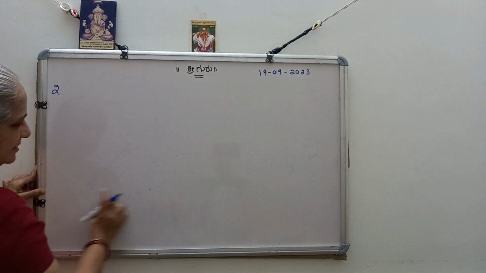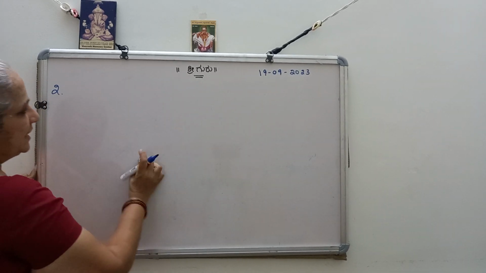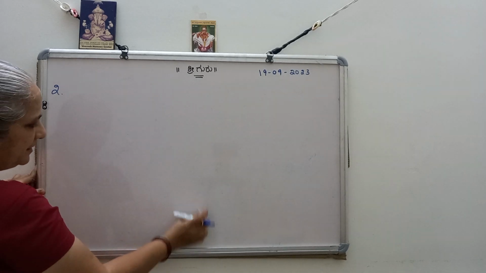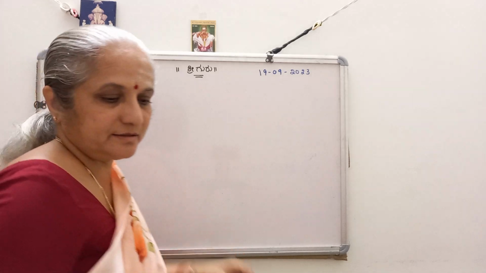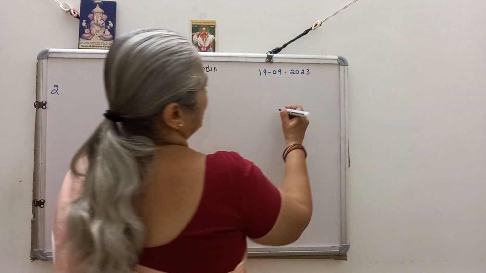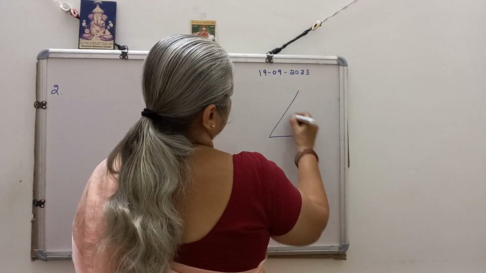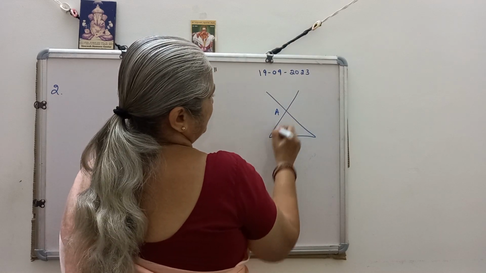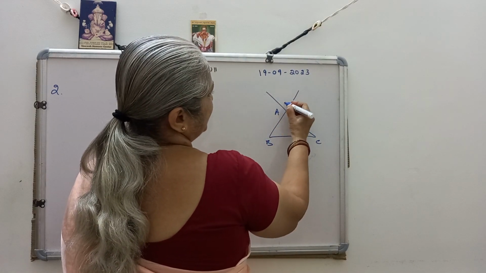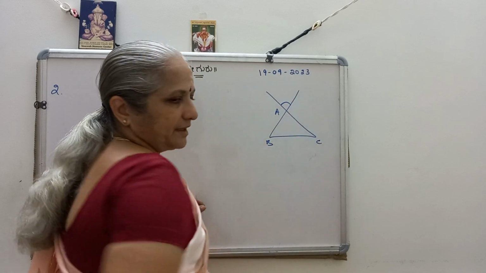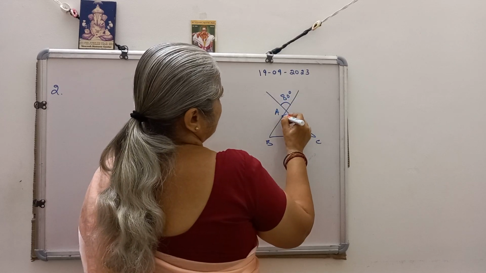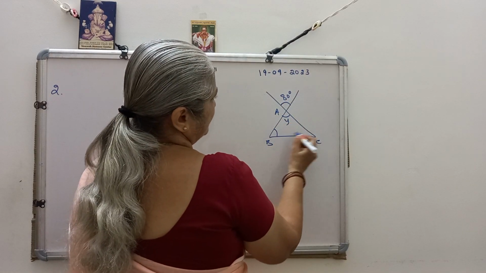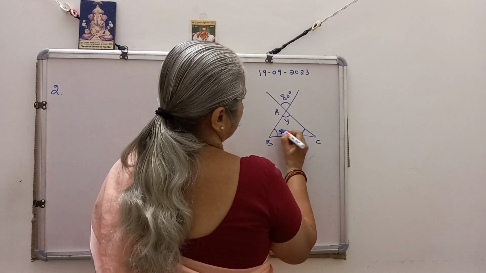It is given that two sides of a triangle are produced and the angle formed outside the triangle is 80 degrees. That is, two sides of the triangle are produced and the angle formed outside the triangle is 80 degrees. And this is y. And this is x and this is 50 degrees.